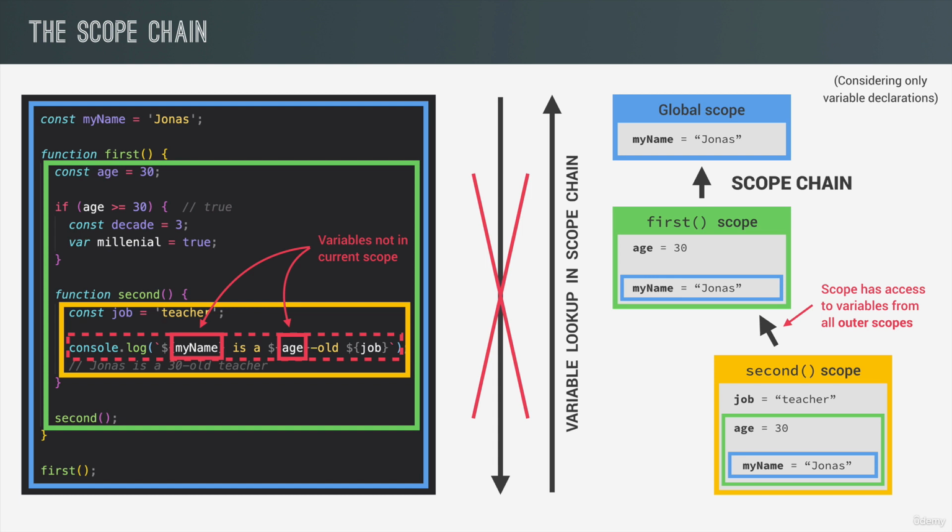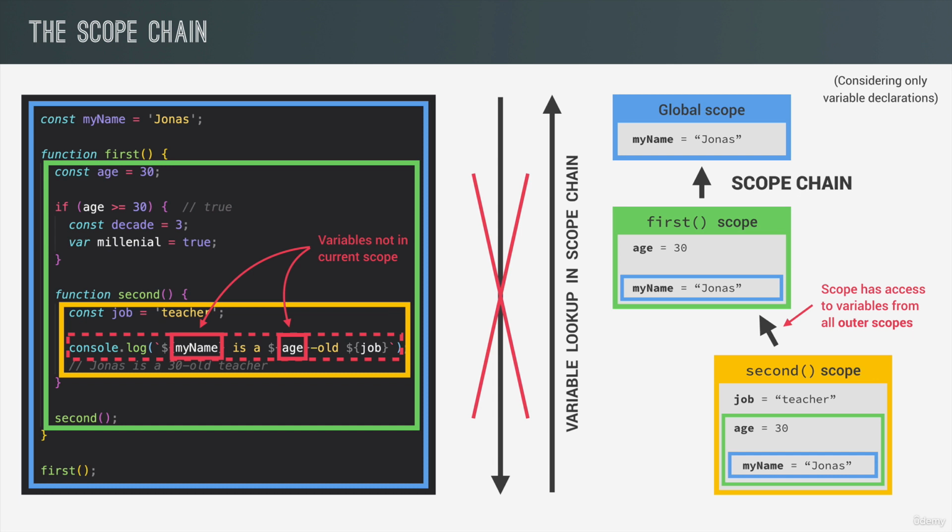A certain scope will never ever have access to the variables of an inner scope. In this example, the first scope, for example, will never get access to the job variable that is stored in the second scope. Okay? So again, one scope can only look up in a scope chain, but it cannot look down, basically.